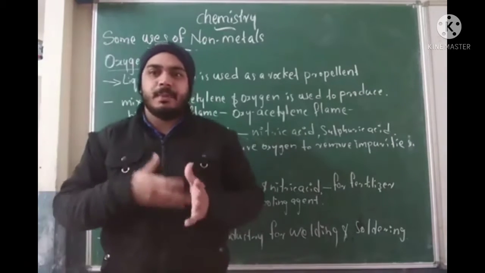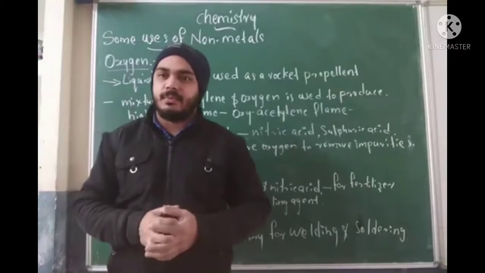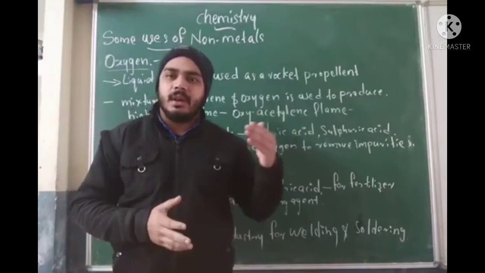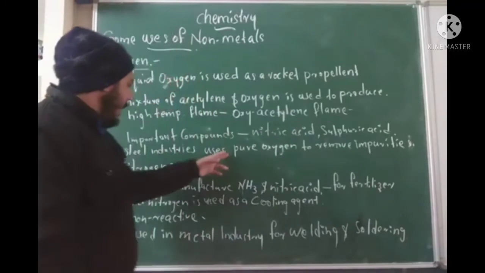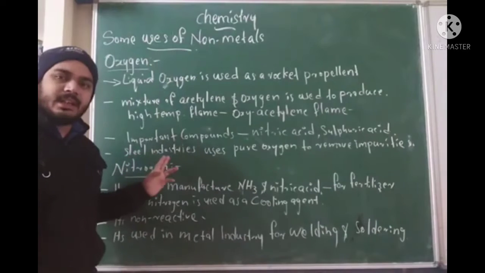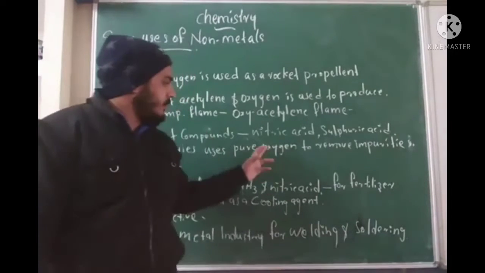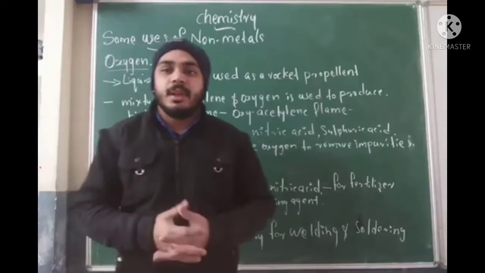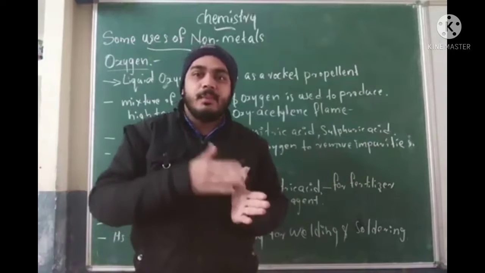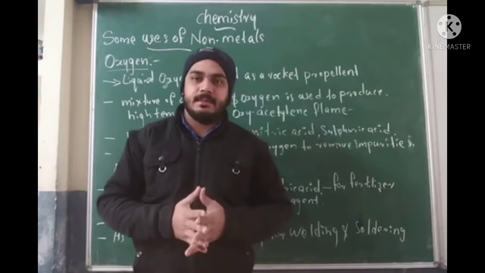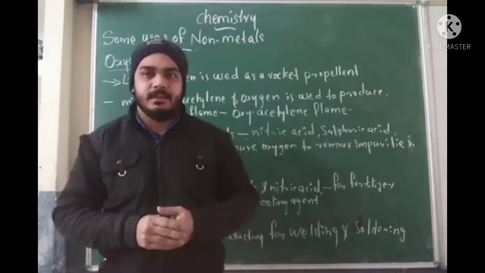Oxygen is also helpful in preparing compounds like nitric acid and sulfuric acid for industrial purposes. And next, in the steel industry, pure oxygen is used to remove the impurities. These are the main uses of oxygen.